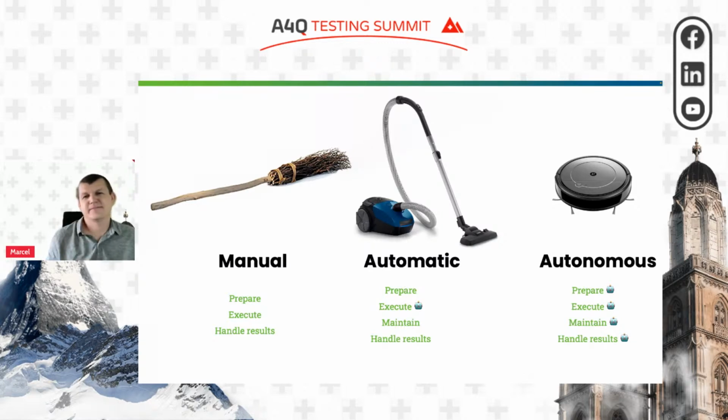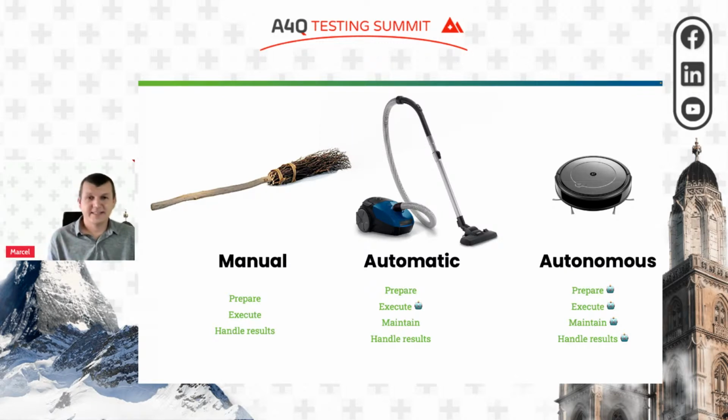When we are talking about testing and autonomous testing, we are focused on reducing all our efforts, not only in test execution, but also in preparation, in test analysis, in test design, in test building, but also later in maintenance, and also in handling results.